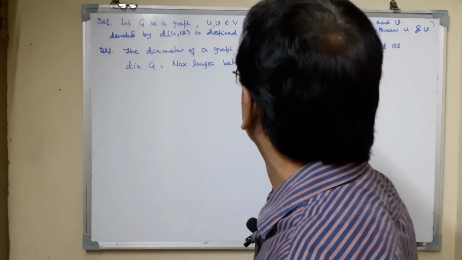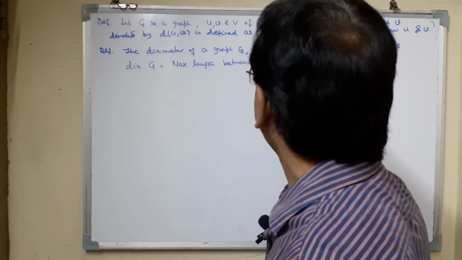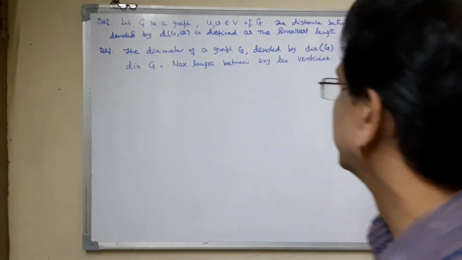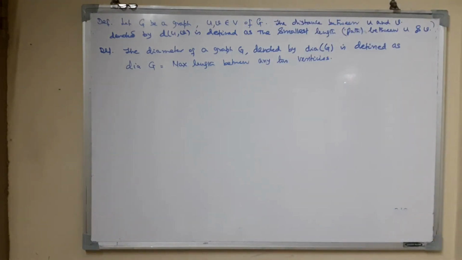So write down the lengths between all pairs of vertices, and pick up the maximum. Then it's called the diameter.